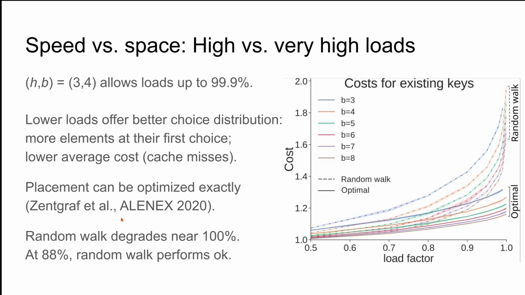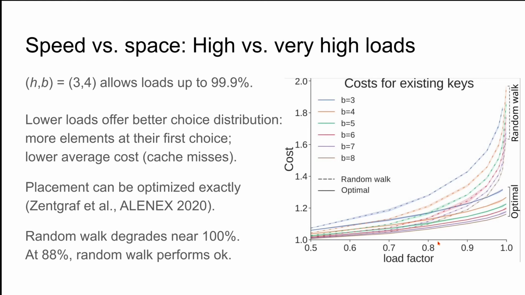Now, we showed previously this year at ALENEX that this optimization problem can in fact be solved on a genome scale. We here show the average lookup cost in terms of the average number of cache misses for different load factors of the hash table, for different bucket sizes from 3 to 8.